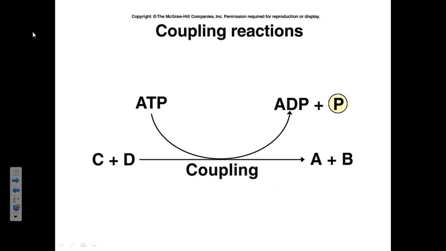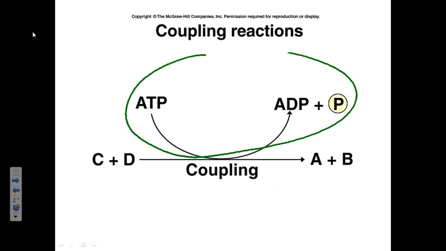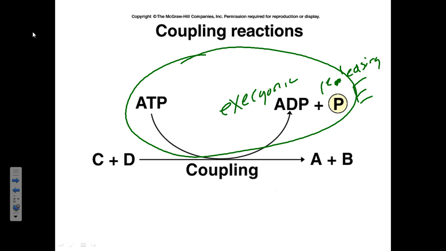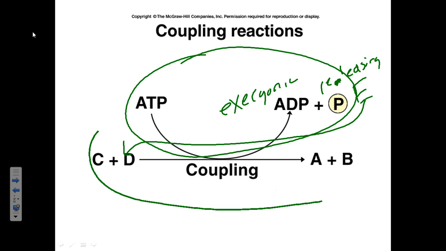Here we can see an example of that. Here's ATP hydrolysis. You said that's endergonic or exergonic? Exergonic. It's releasing energy, right? And the energy that it released is then absorbed by this reaction.